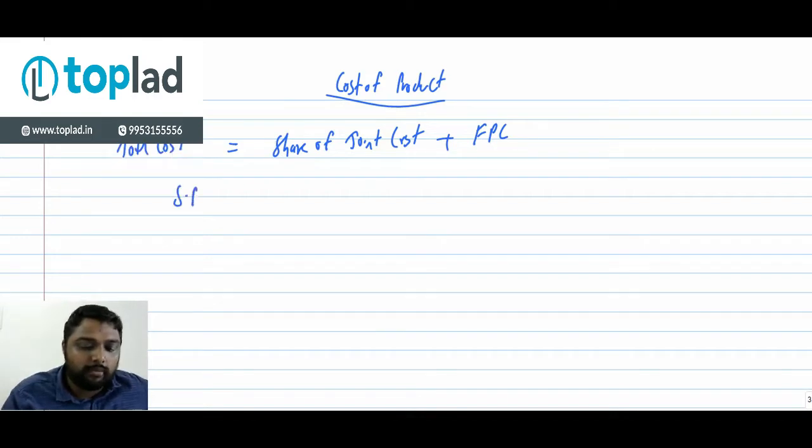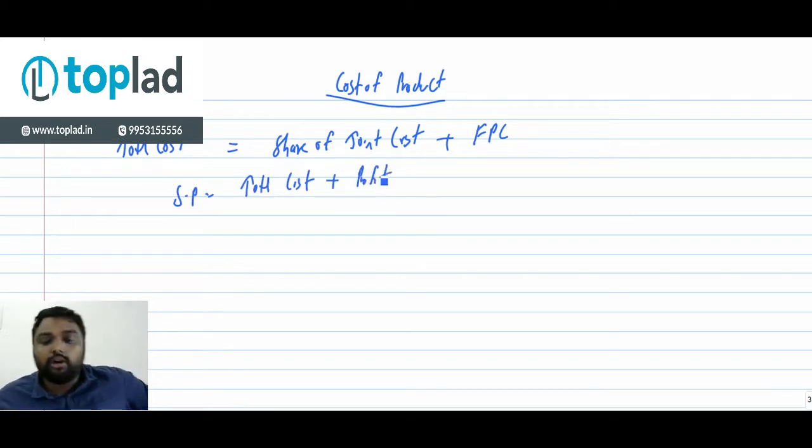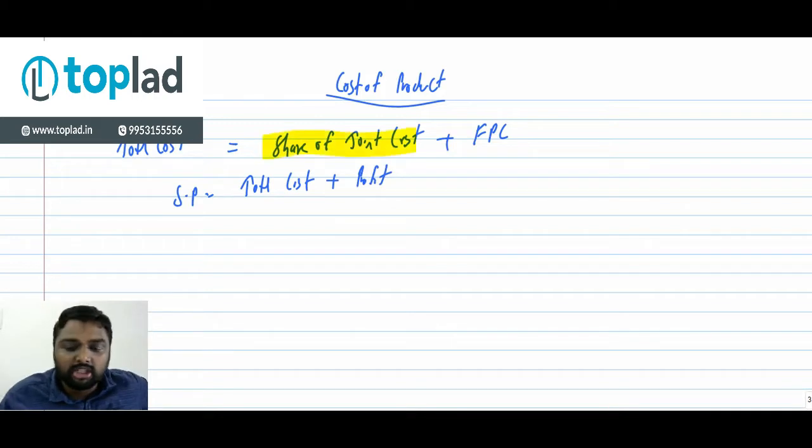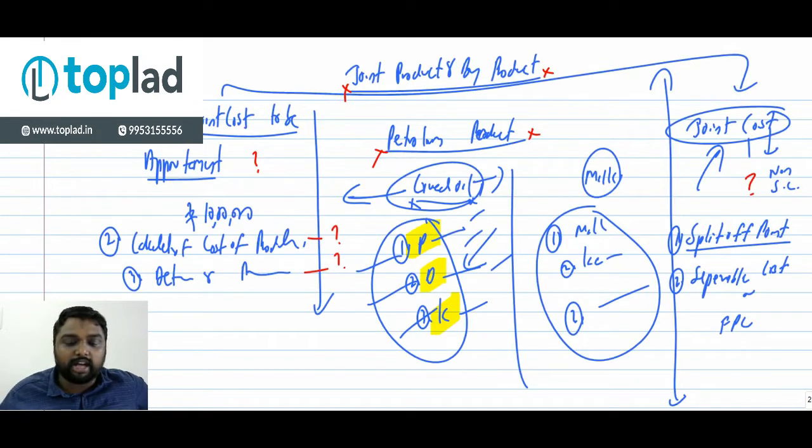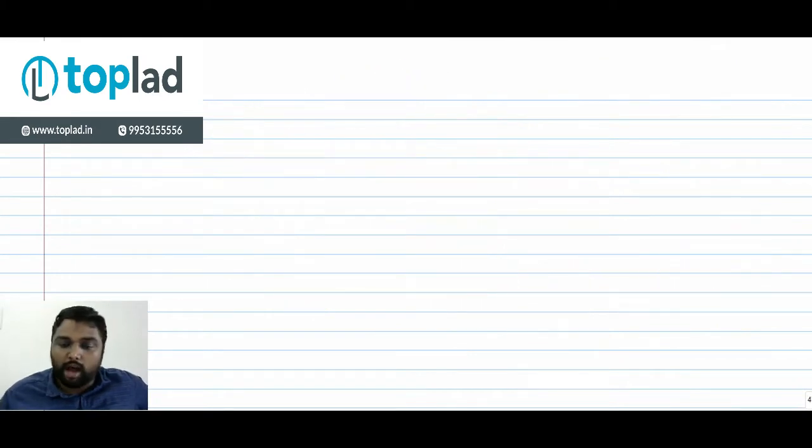So the cost of a product under joint cost is share of joint cost plus further process cost. Selling price is total cost plus profit. We have discussed the first point: how the joint cost is to be apportioned, that is, apportionment of joint cost.